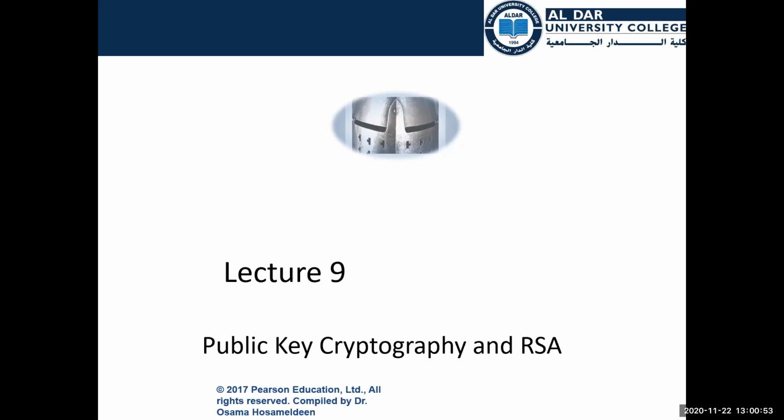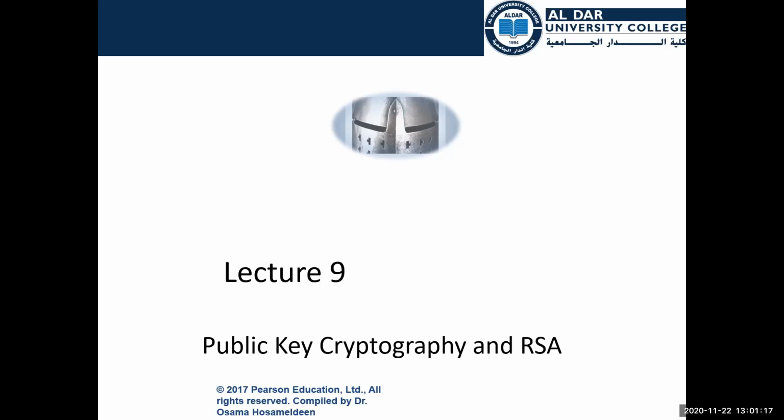But today we are going to move to a different type of encryption and decryption, which is public key cryptography. In public key cryptography, we are going to use not only one key, we are going to use two types of keys: public key and private key.